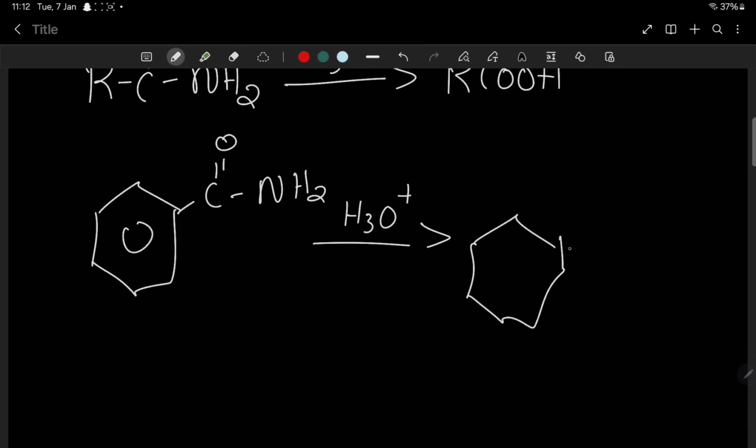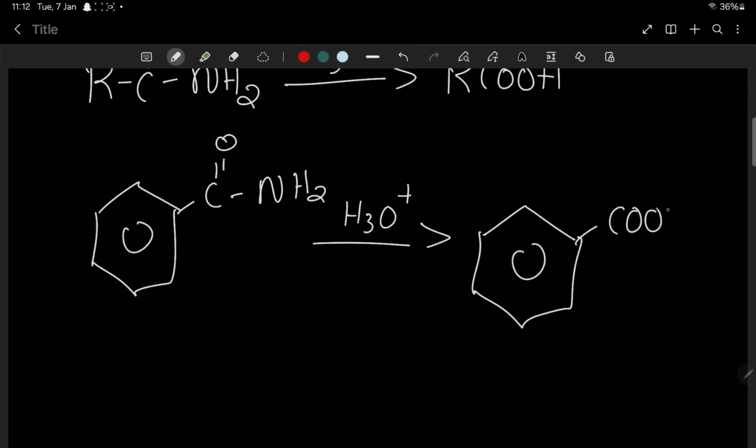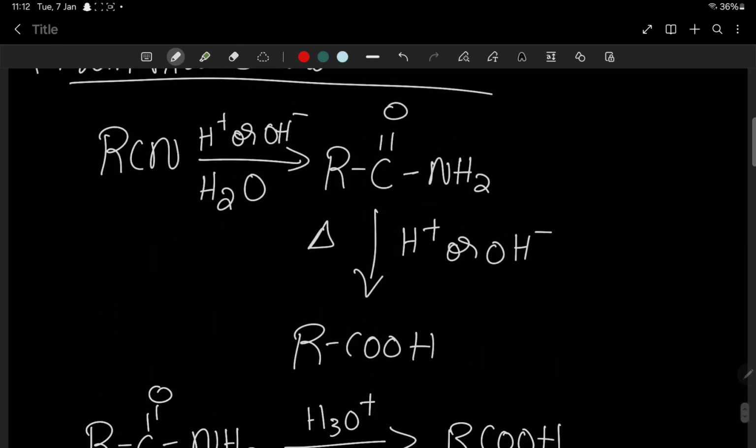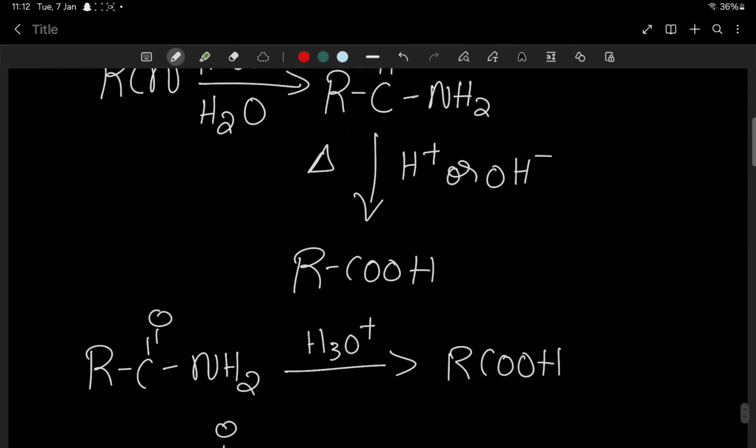Here you will get phenyl ring COOH, yes, benzoic acid. So if you hydrolyze an amide, you get the acid. If you are using cyanide, first hydrolyze it into amide, then hydrolyze it into RCOOH.